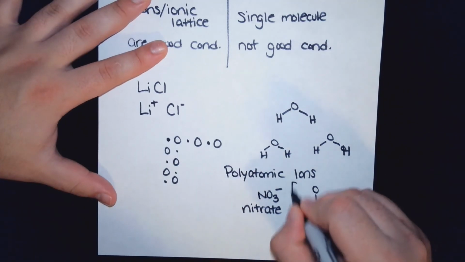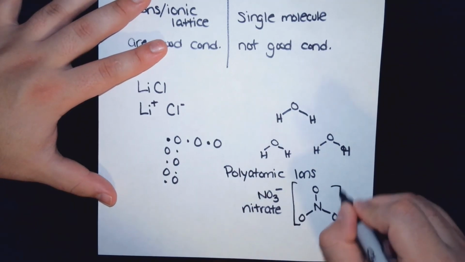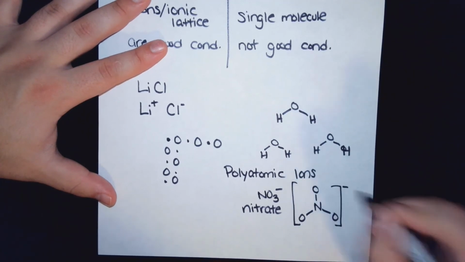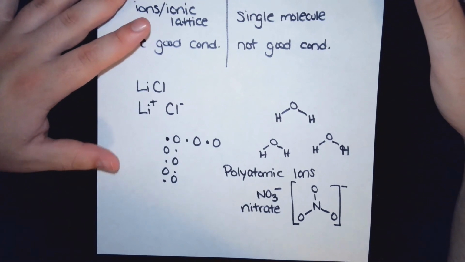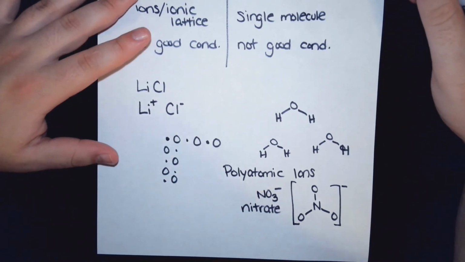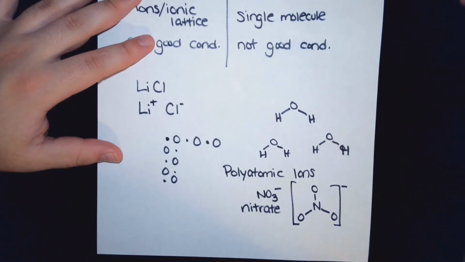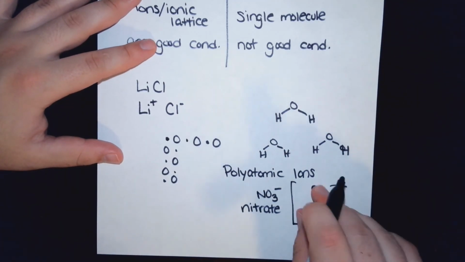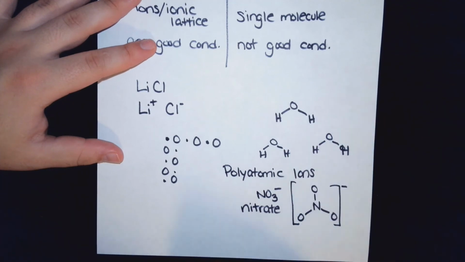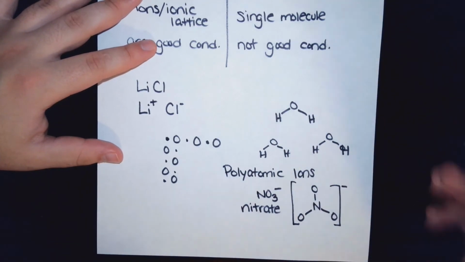However, this entire thing as a whole has a charge, in this case -1. They're not always -1, so that's why you'll want to remember the charges for your common polyatomics. But for nitrate, it is. So this entire covalently bonded molecule collectively has a -1 charge, and so it collectively can act as an ion.